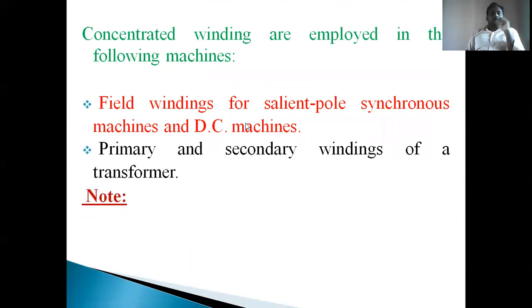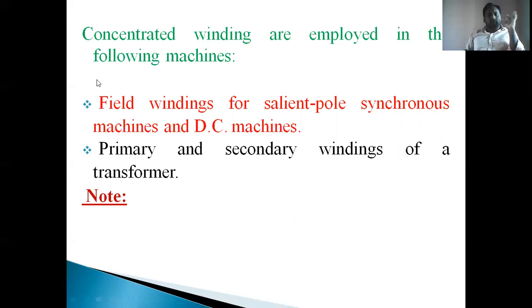If we use concentrated winding for alternators, the EMF is maximum, but it is not a pure sinusoid. When there is no pure sinusoidal form, even though the maximum voltage is generated, due to the impure sinusoidal shape, the maximum voltage again decreases due to harmonics.